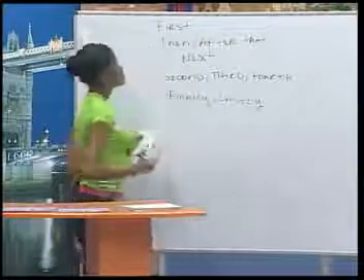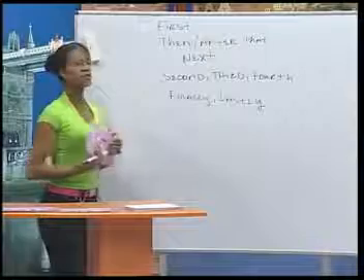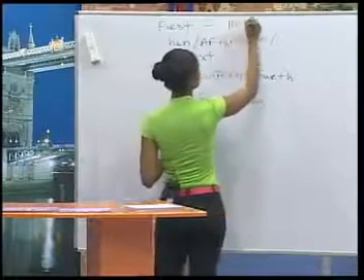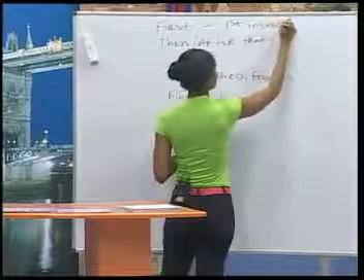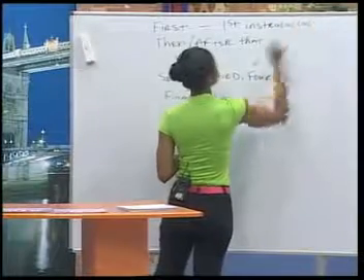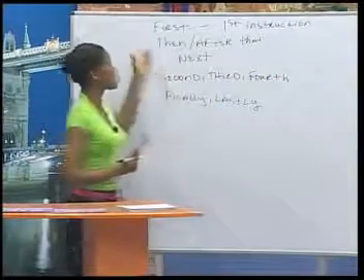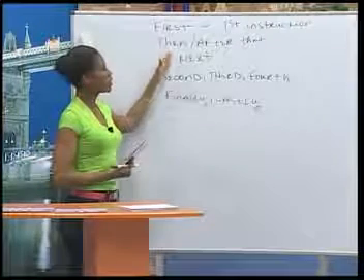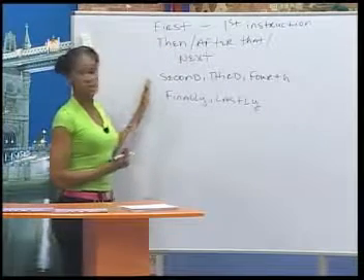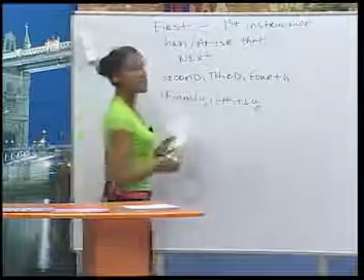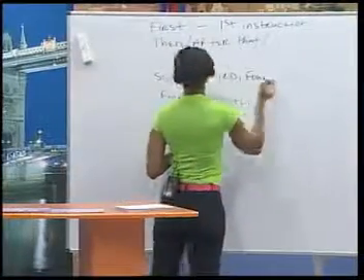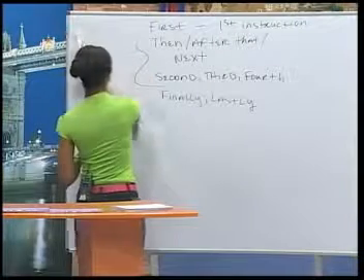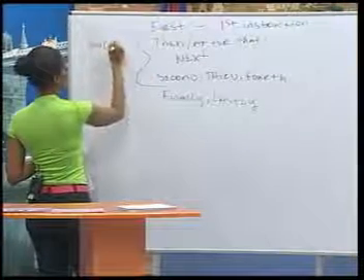Okay, let's review this. So for our first instruction, we use first. And then for the following instructions, we can use the words then, after that, or next, or we can use ordinal numbers. For example, second, third, fourth, etc. So these can be for the following instructions.